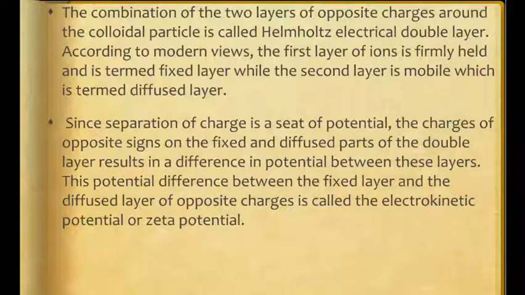Separation of charge is a seat of potential. So the charges of opposite signs on the fixed and the diffuse parts of the double layer result in a difference in potential between these layers. This potential difference between the fixed layer and the diffuse layer of opposite charges is called electrokinetic potential or zeta potential.